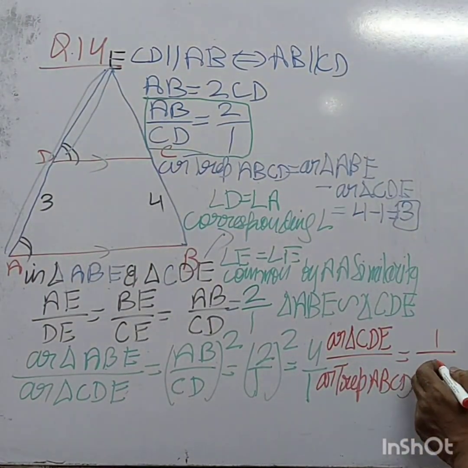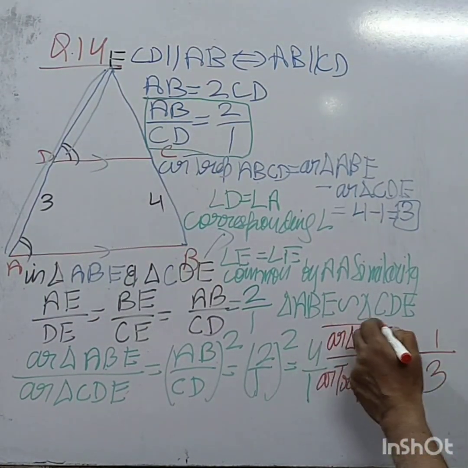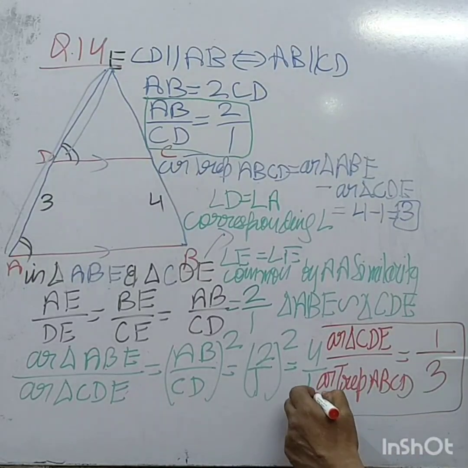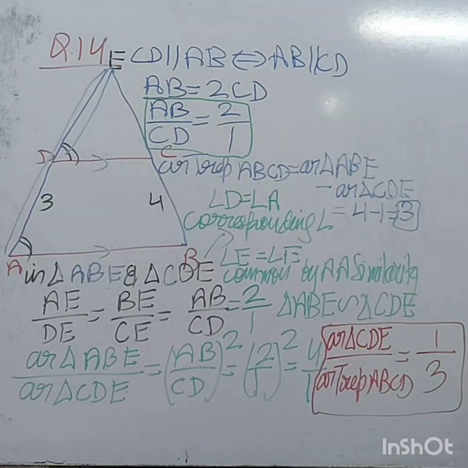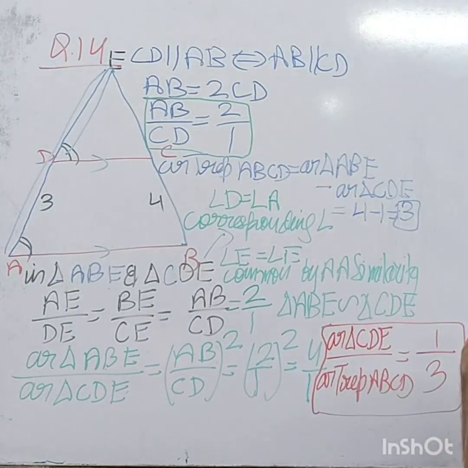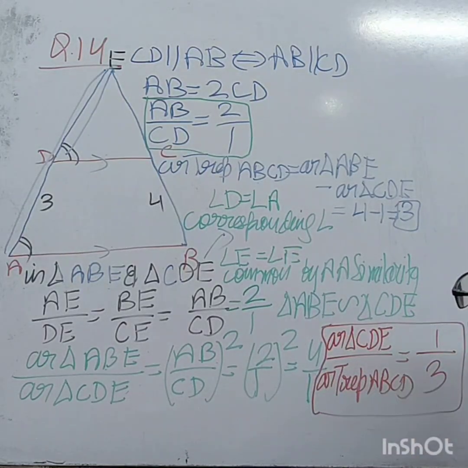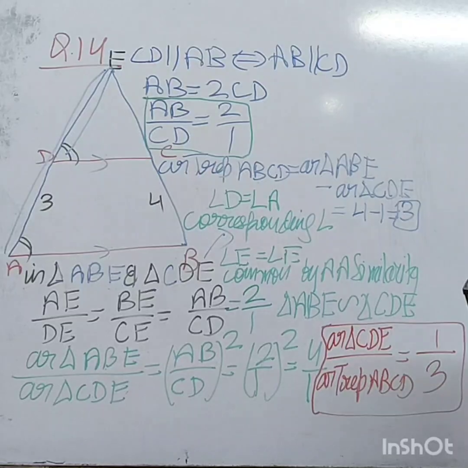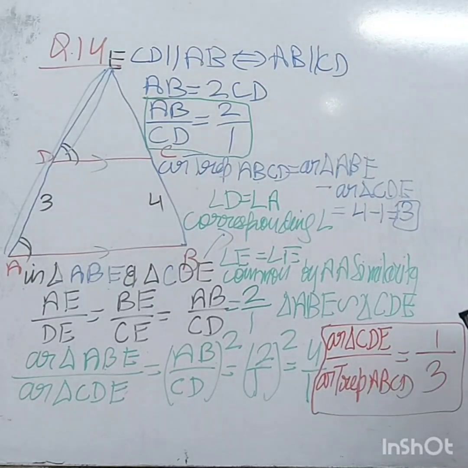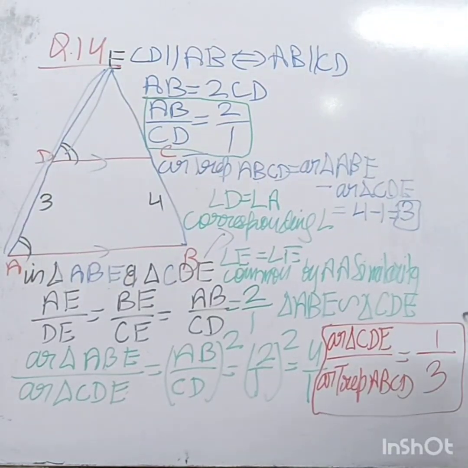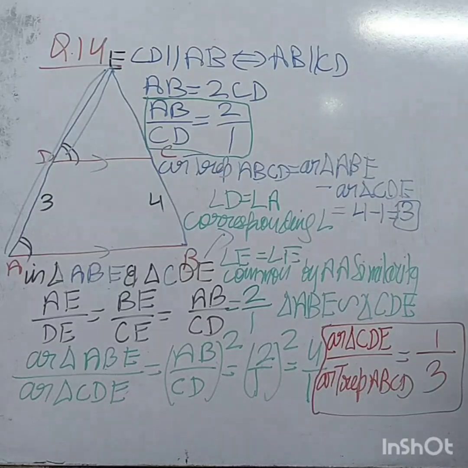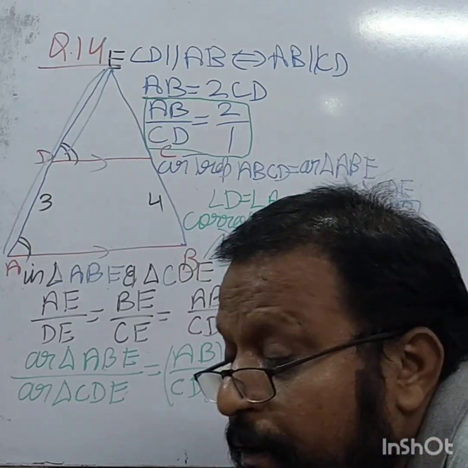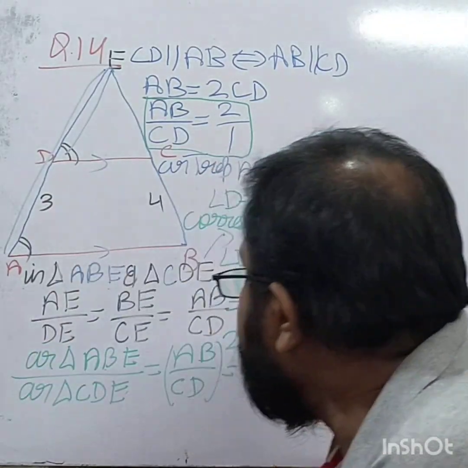So we get 1 upon 3. Is it? What is your answer? Area of triangle ABE is equal to... then it is 1:3. Yes, 1 upon 3 now. Then what do you have to find? ED.